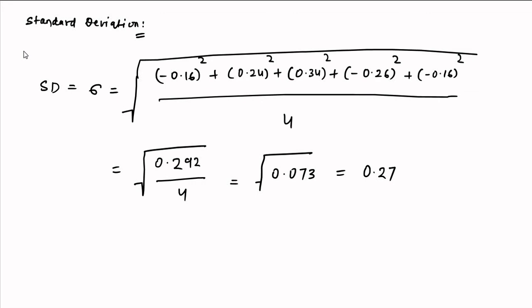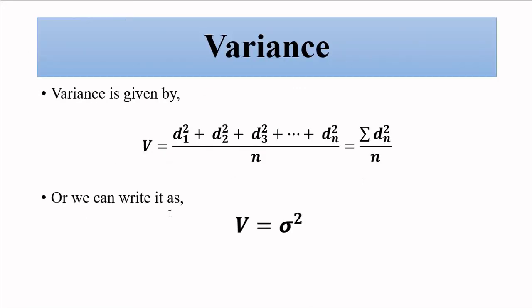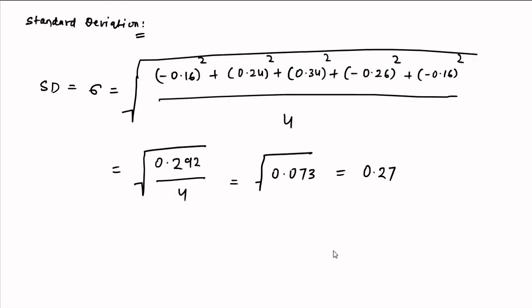And then we have what is called variance. Variance is simply the square of the standard deviation. Here the standard deviation we calculated is 0.27. So when we square it, it will come to 0.073.